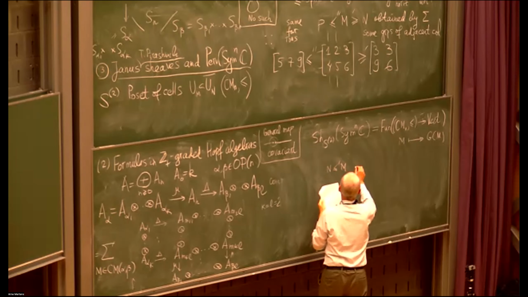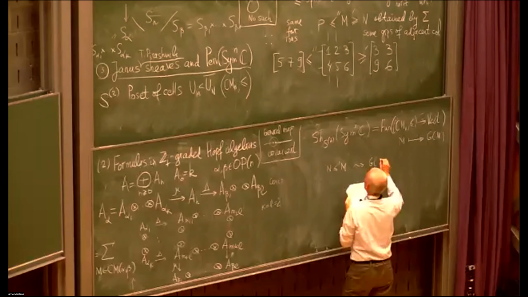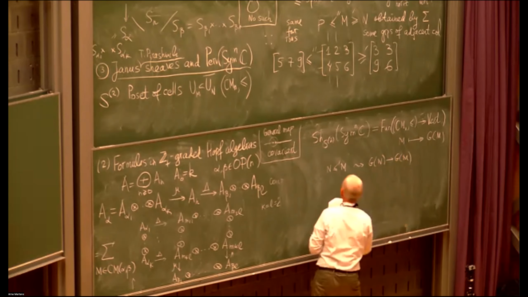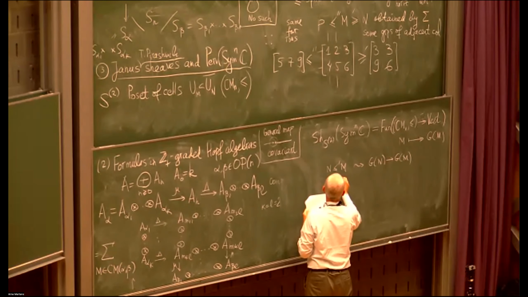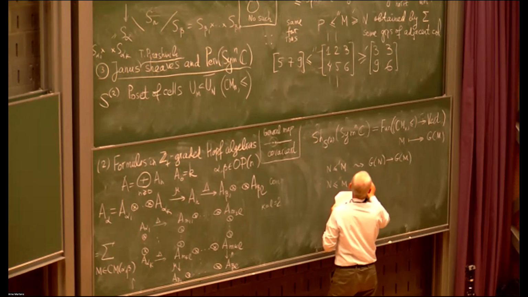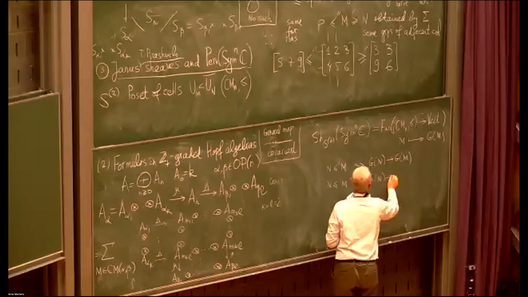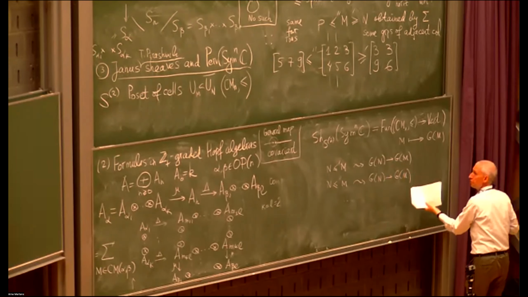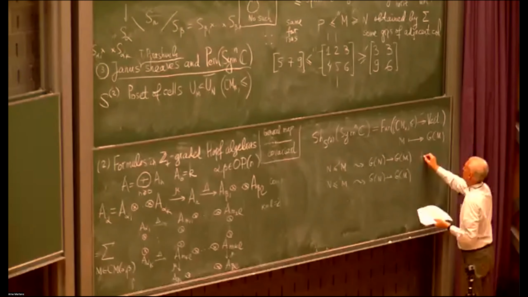an inequality in the first sense, I have G of N goes to G of N. And if I have an inequality in the second sense, also I get G of M to G of M. So they will be transitive and will commute.